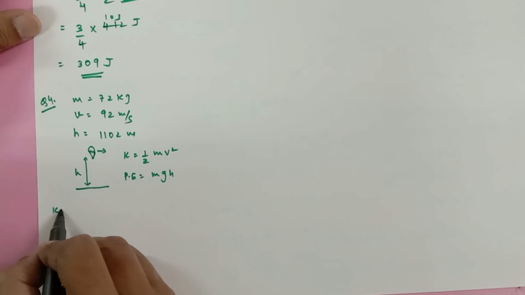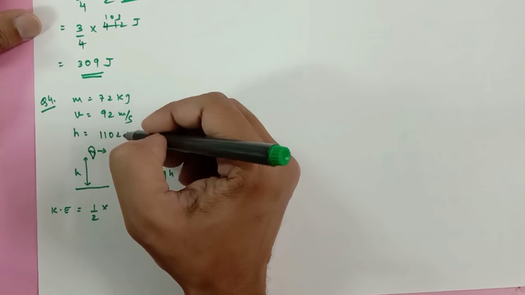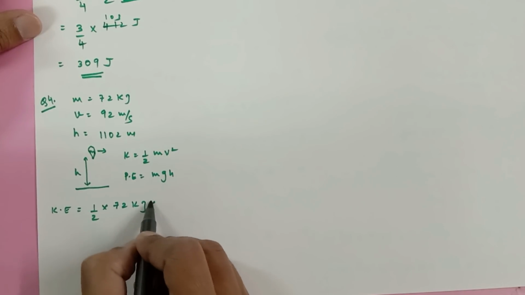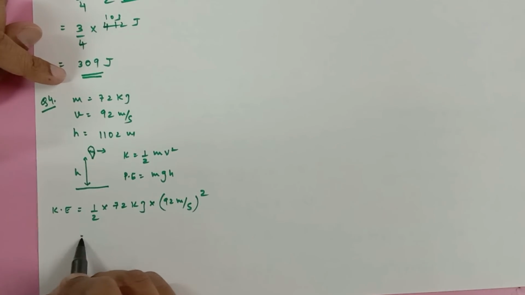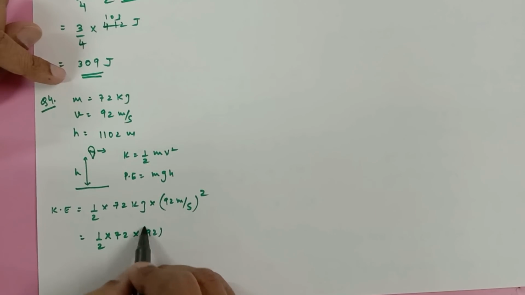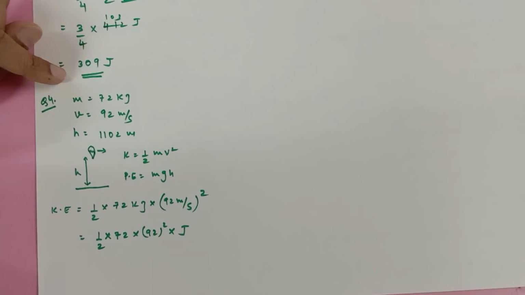So if I find the kinetic energy, that is equal to half, and check that everything is in SI units. So instead of mass, I put 72 kilogram, speed as 92 meter per second, the whole square. So half into 72 into 92 the whole square, in kg meter square upon second square, which is called joule, right?